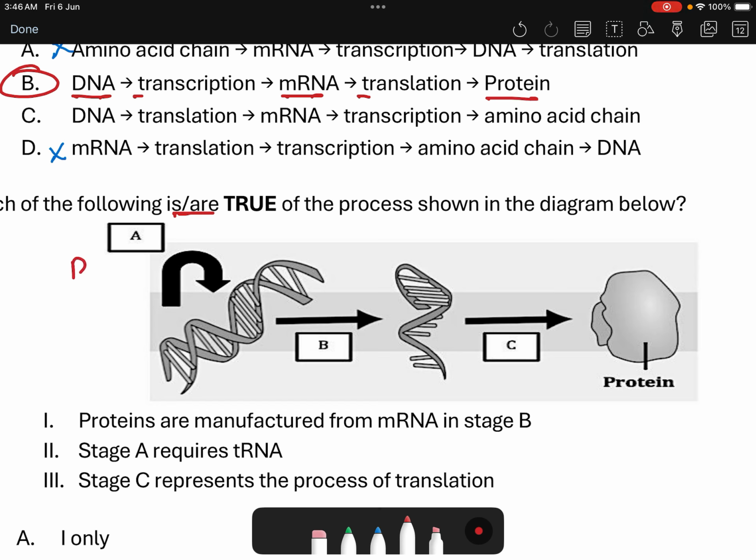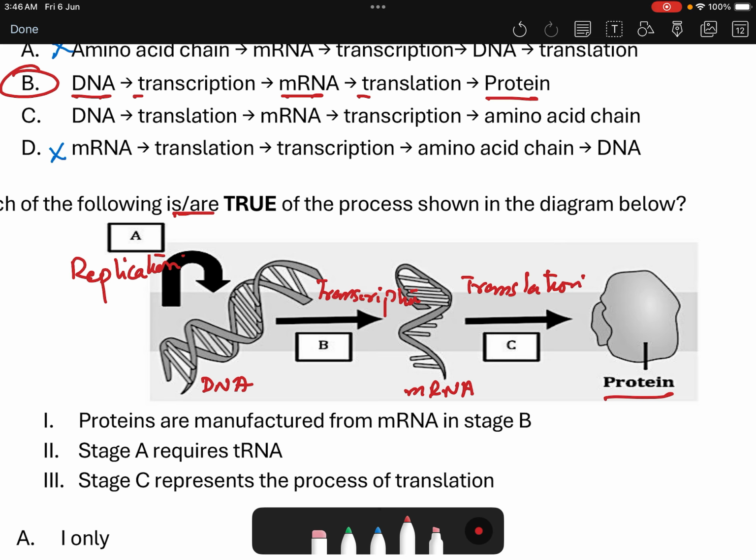So this is replication, right? While this is DNA, this is mRNA, and the last one, protein, is already labeled. So this is first T, that is transcription, and the next one is second T, that's translation. Okay, so once you have this information with you, you can easily go through the answers.